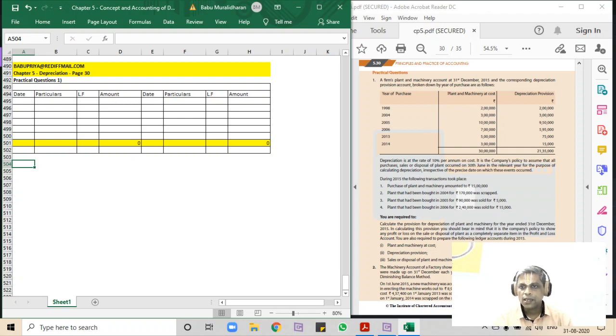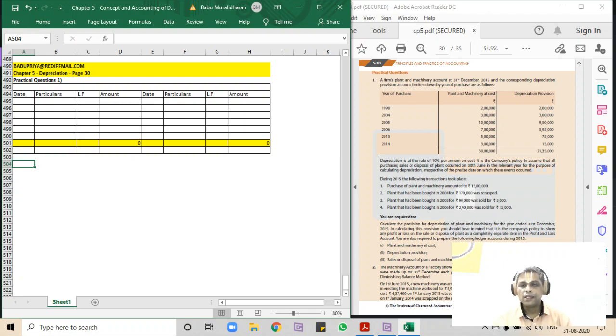Okay, it is the company's policy to assume that all purchases, sales, or disposals of plant occurred on 30th June in the relevant year for the purpose of calculating depreciation, irrespective of the precise date on which these events occurred. Okay, any purchase, sale, or disposal happens on 30th June. What does it mean?